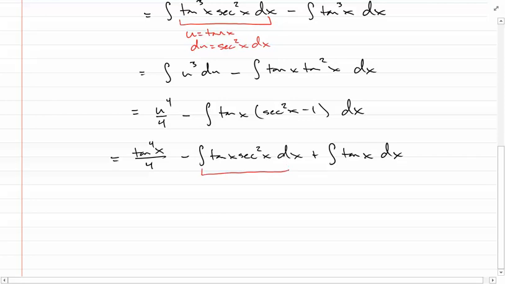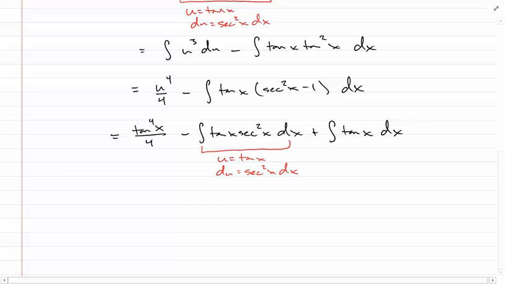Now this integral here can be handled with the same u substitution. This is just u equals tangent x, du equals secant squared x dx. And then the remaining integral here, the integral of tangent, is just one that we memorized. That's the natural log of secant. So we're almost there. We have tangent to the fourth x over 4 minus the integral of u du plus the natural log of secant x plus c.